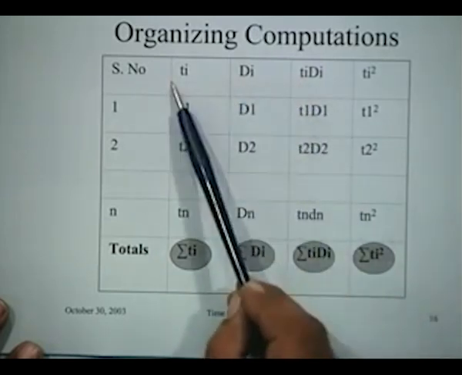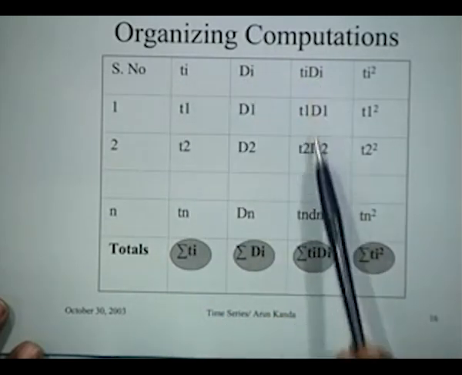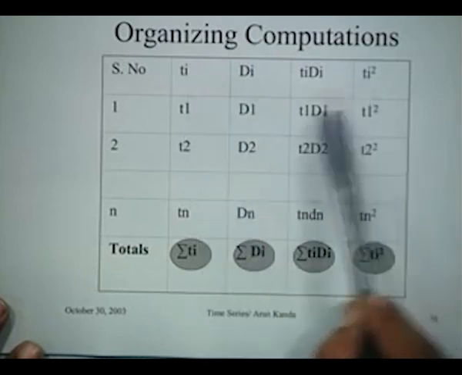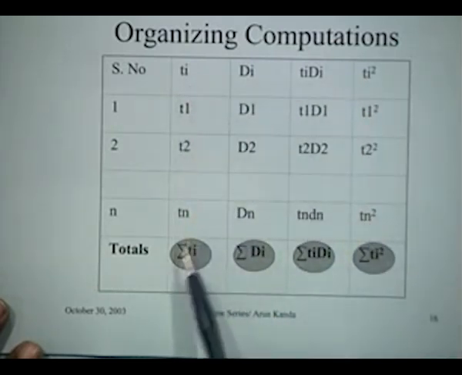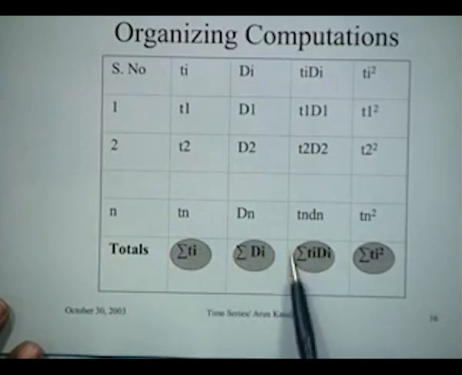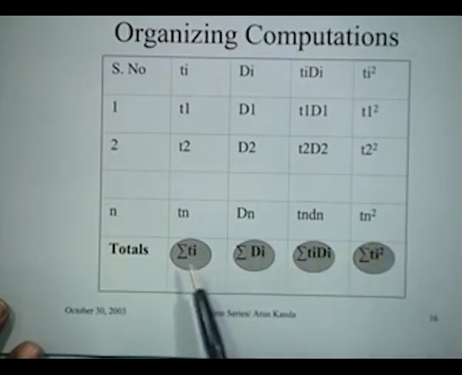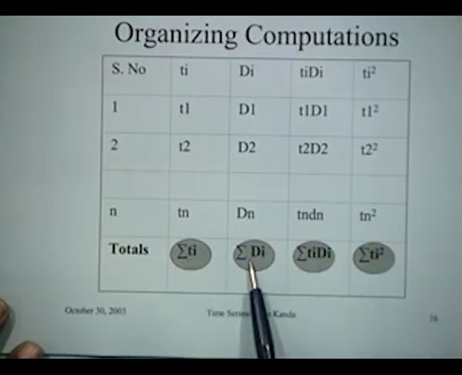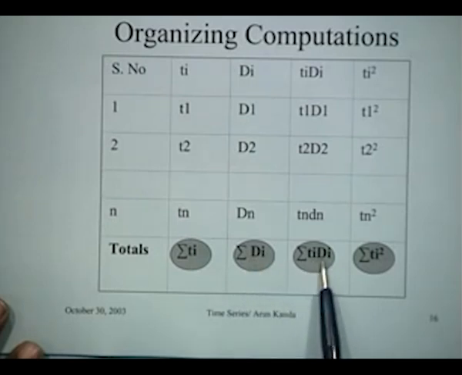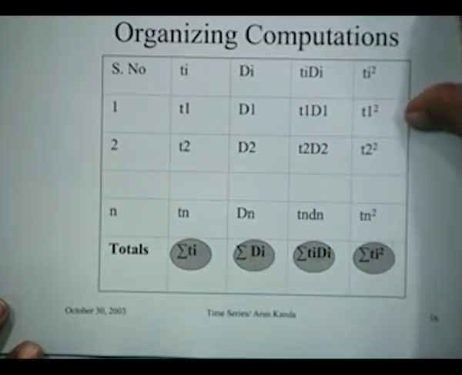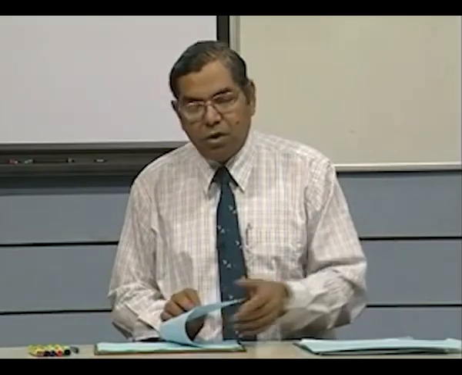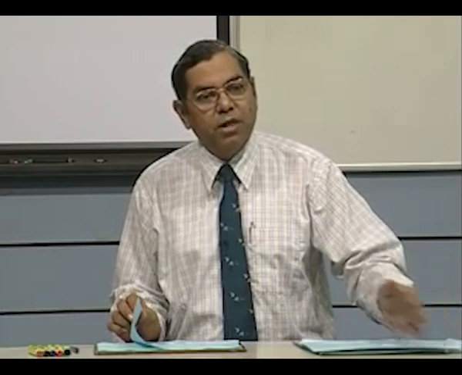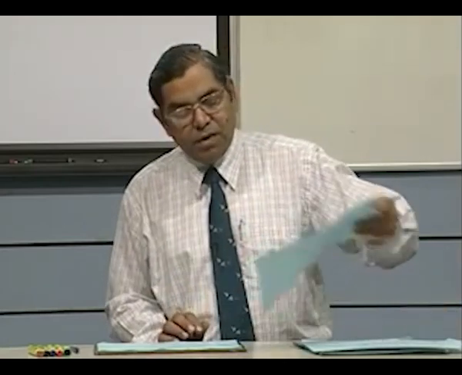Just multiply these two columns, you will get Ti di, and then square this column, you will get Ti square, and then at the end you can sum them up, so you get these four totals which you are interested in: summation Ti, summation di, summation Ti di, and summation Ti square. And once you have these computations available, you can directly obtain the values of a and b by using the formulas which we just derived.